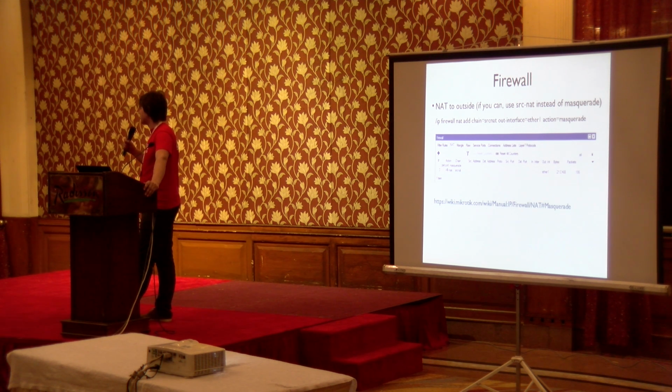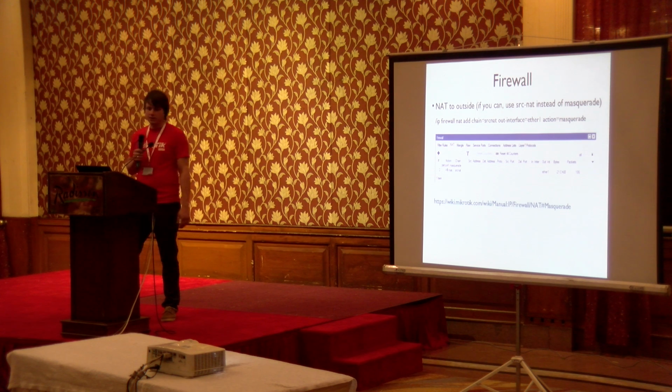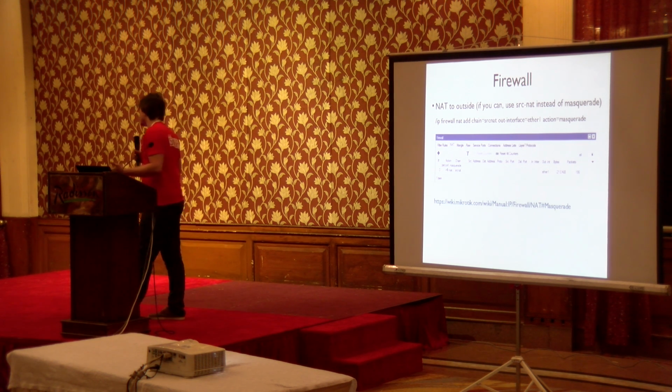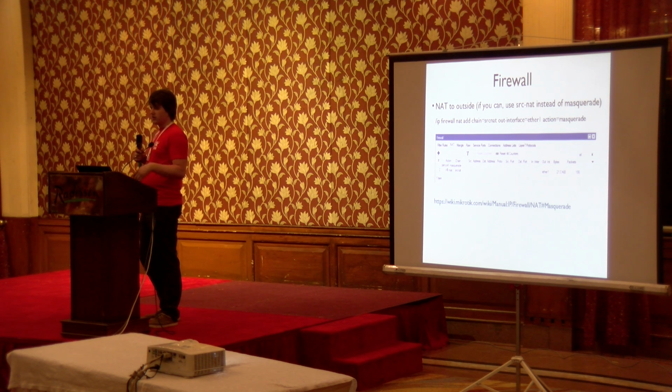Network address translation. This is another way how you can protect or hide your local area network. This means that using this firewall rule, all the packets that go out to the ether 1 interface, in our case it's the public interface, the source address will be changed from original address that came from your local area network to the address that is set on your Ethernet 1 interface.